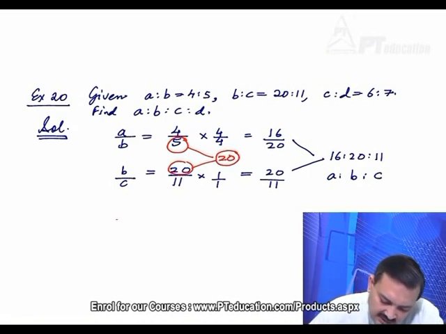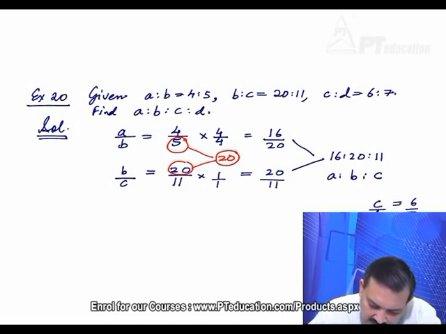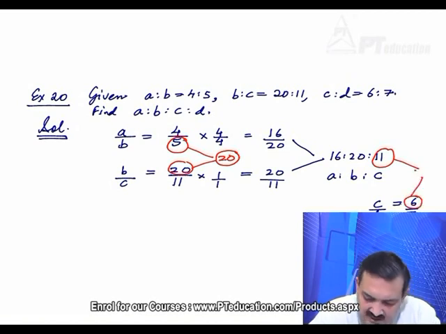So we take it to the next level now. We know that C by D is equal to 6 by 7. So that means that from this 11 and from this 6, we have to come to a common number, and that common number has to be 66.